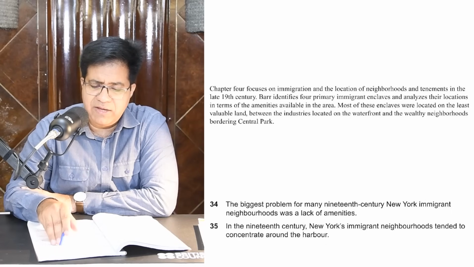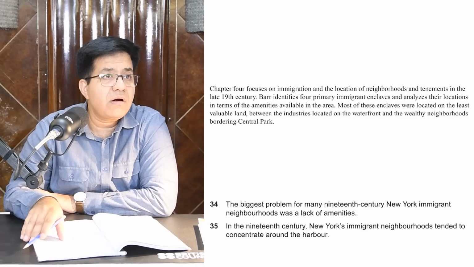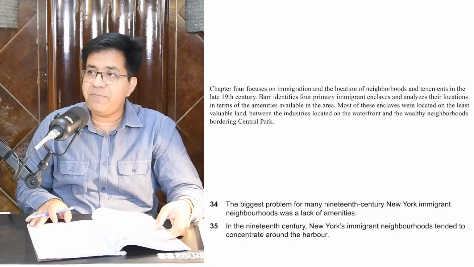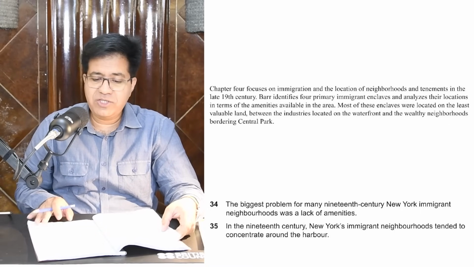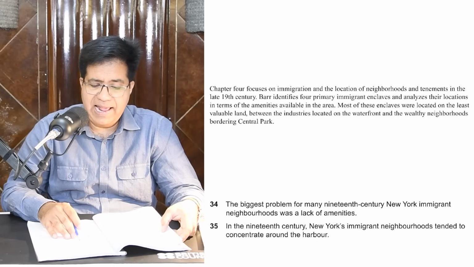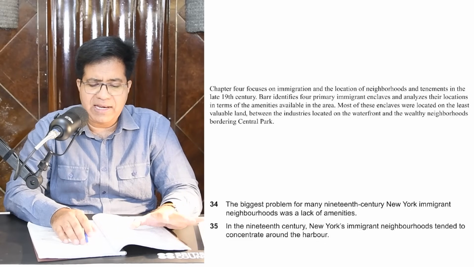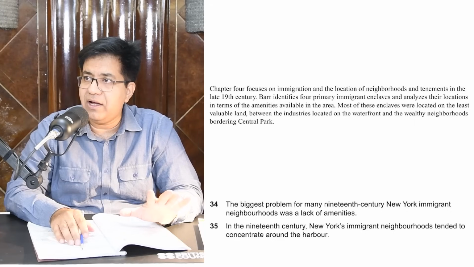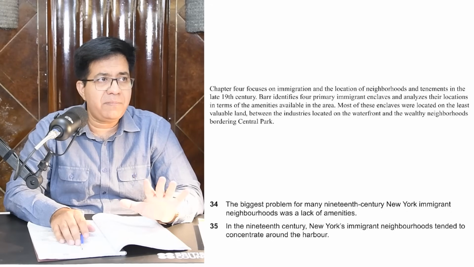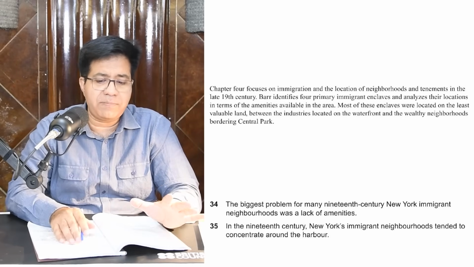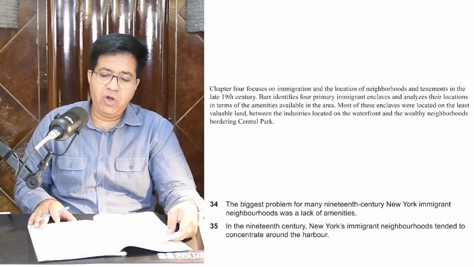Most of these enclaves were located onto the... What should be the answer? Have they mentioned that the biggest problem was lack of amenities? Not given. So, lack of amenities is not mentioned. They only said in terms of amenities available in the area. Now, the biggest problem is not mentioned, and lack of amenities as the biggest problem is not mentioned. So, the answer is not given.